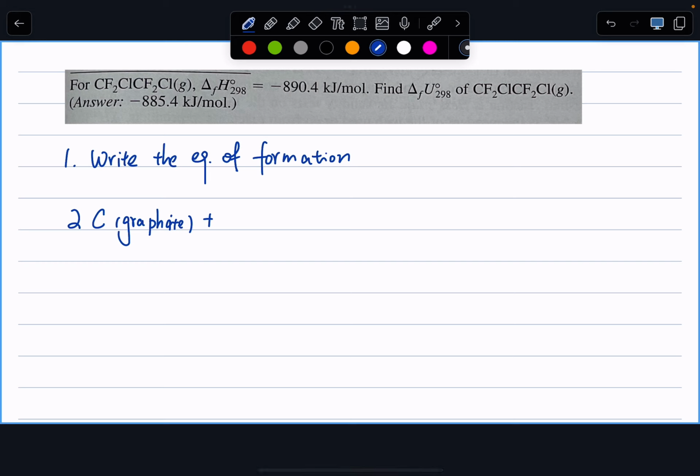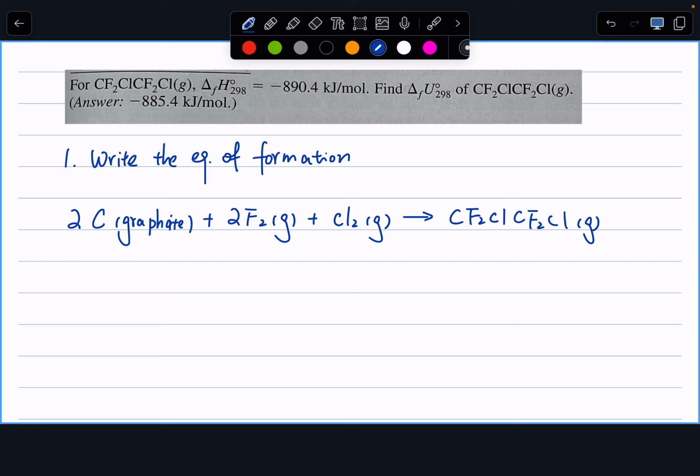Well, we have 4 fluorine; the elemental form is F2, which is a gas. If you're in doubt whether the elementary form is gas or liquid, check the thermodynamic table. And Cl2, which is a gas. And all these elementary forms go to our final product, CF2Cl, which is also a gas.